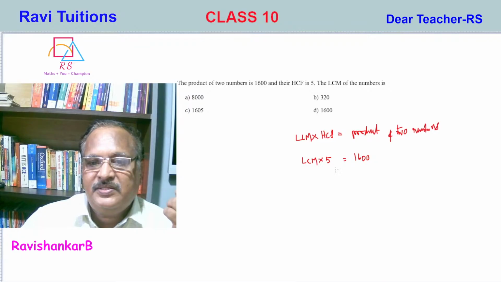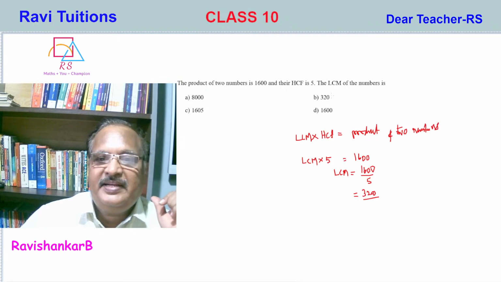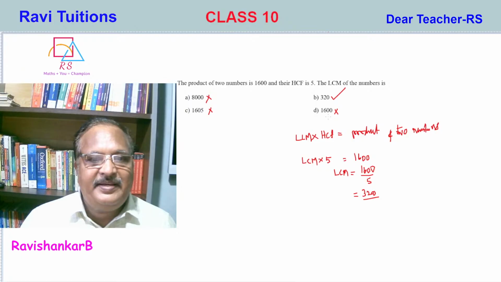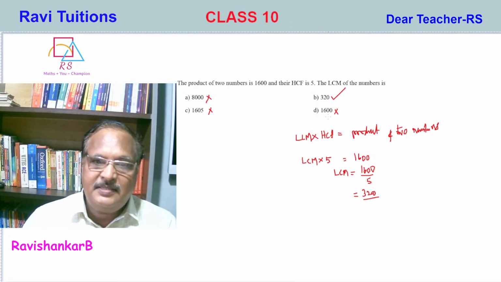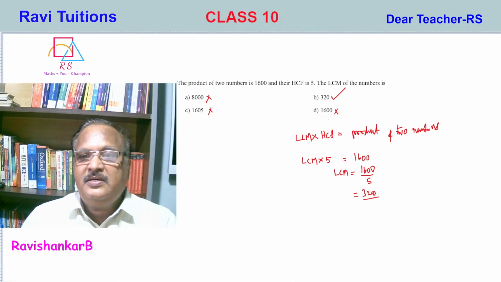So therefore LCM is equal to 1600 divided by 5, so 320. So 320 is B option. B is the correct option. That is why it is a very important concept, LCM into HCF is equal to product of two numbers.